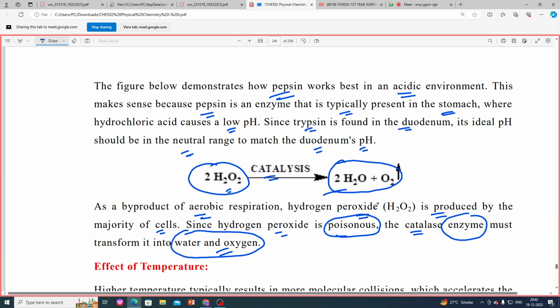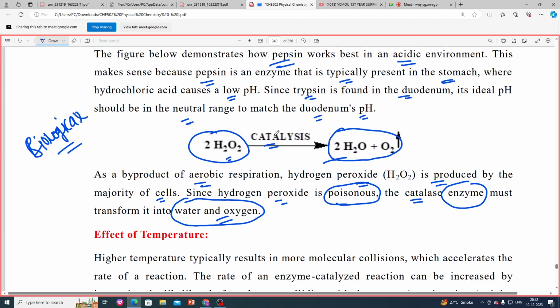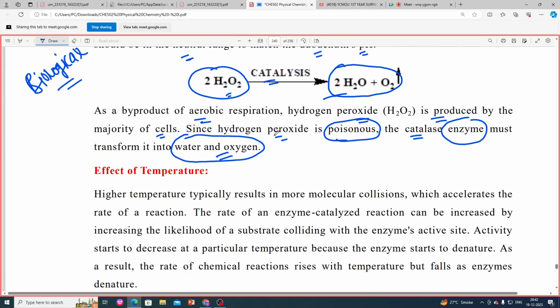That's why we require the enzyme, okay। बायोलॉजिकल एक्टिविटी के लिए एंजाइम की बहुत ज़्यादा जरूरत है। Here one example is given: hydrogen peroxide is converted into water and oxygen, which are not harmful in the human body or living cells.